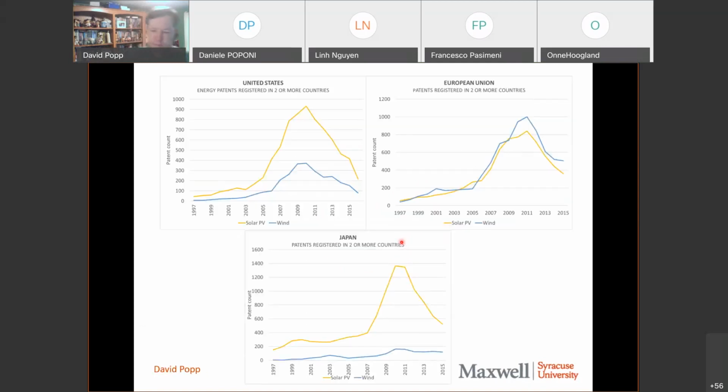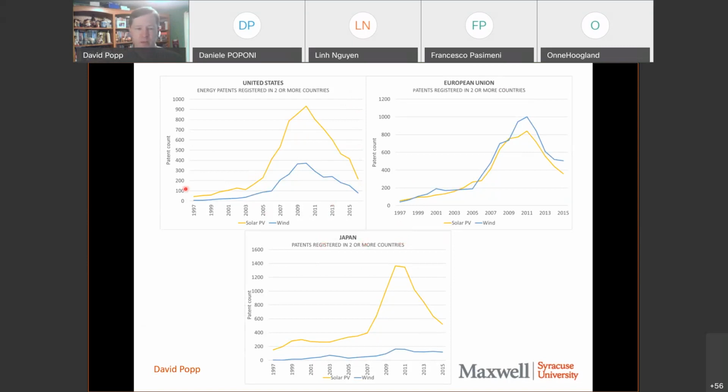So, an example of this. We've seen figures like this throughout the presentation today. The yellow here are inventions in solar, the blue in wind. These are patents registered in 2 or more countries with inventors from the United States, the European Union, or Japan.